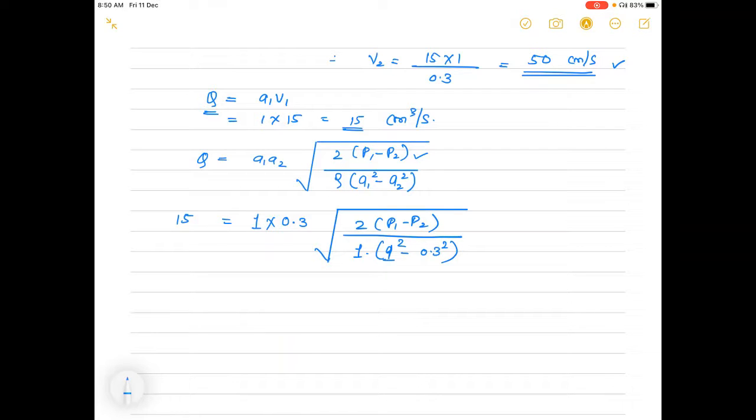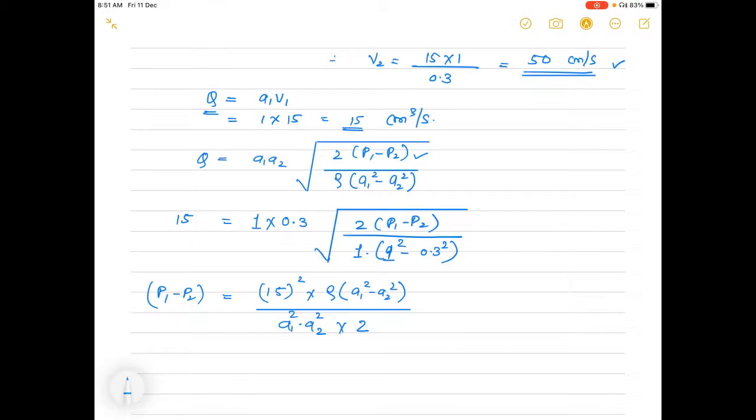If you calculate these terms, we want to find P1 minus P2. It will be equal to 15 square into rho, that is 1, into (A1 square minus A2 square) divided by (A1 into A2) both squared into 2.